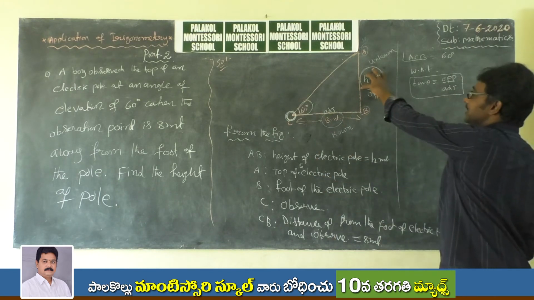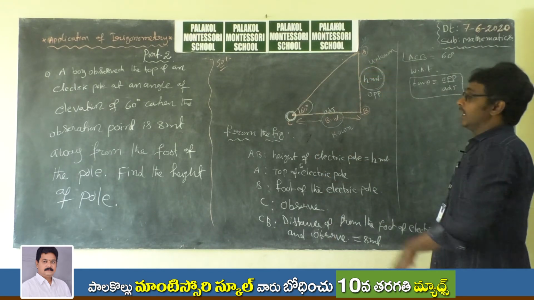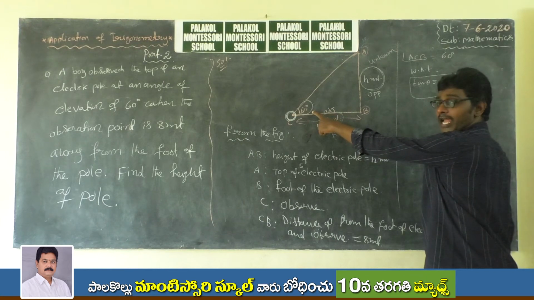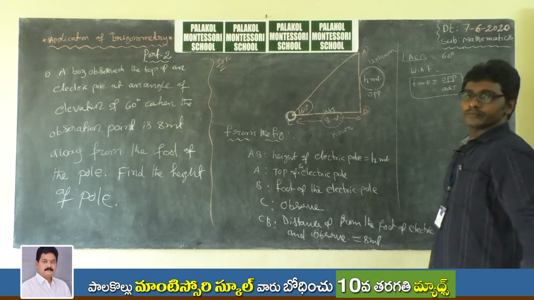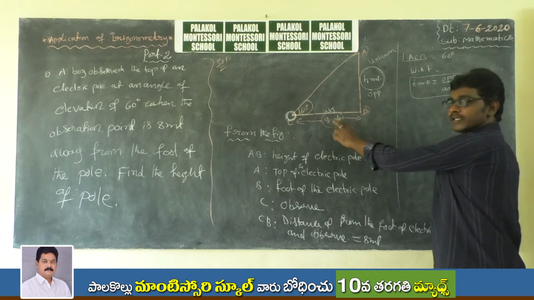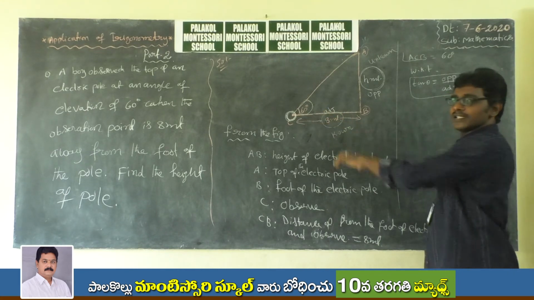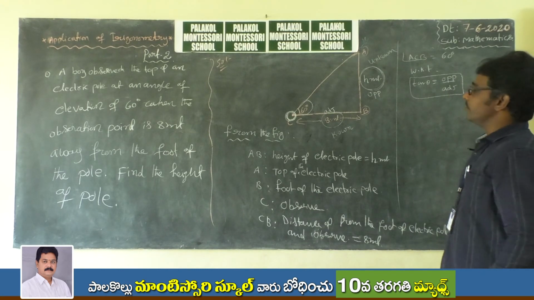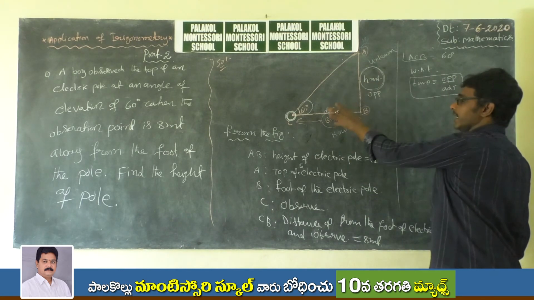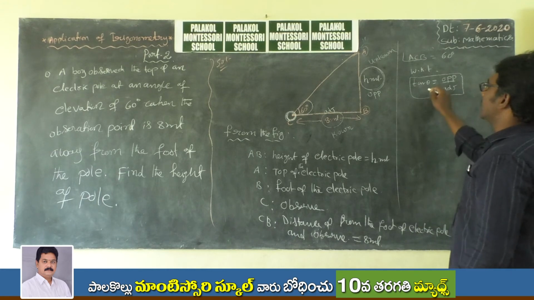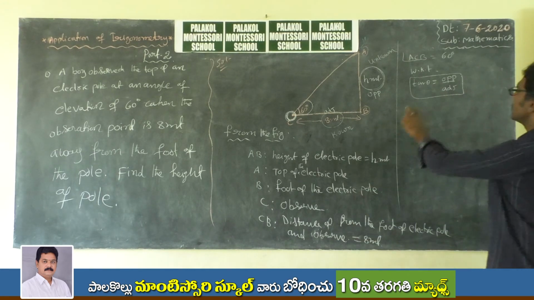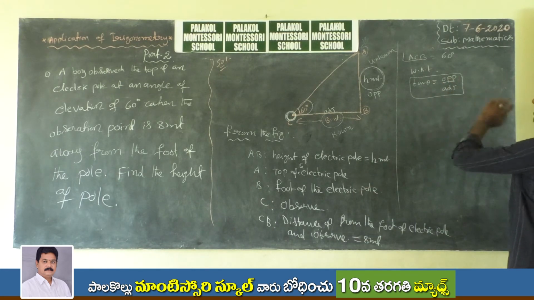So height is the unknown value. According to this angle, it is the opposite side. Next, 8 meters is the known value. According to 60 degrees it is the adjacent side. What is the relation between the opposite side and adjacent side? That is tan theta.